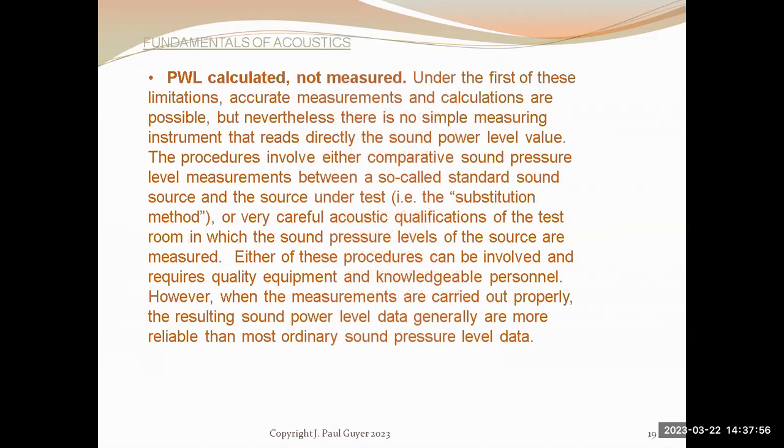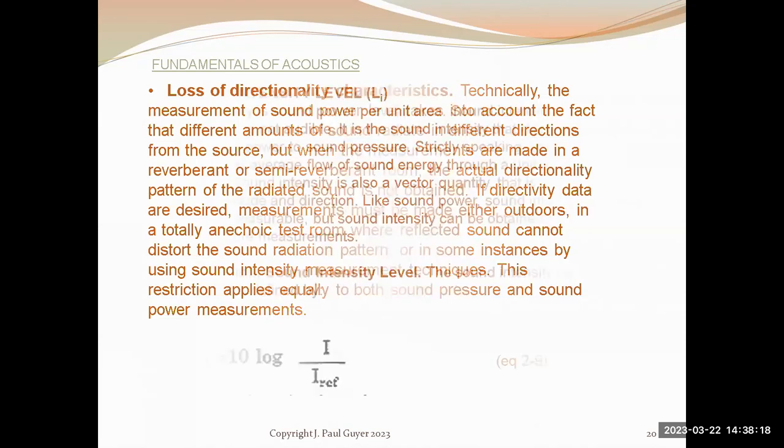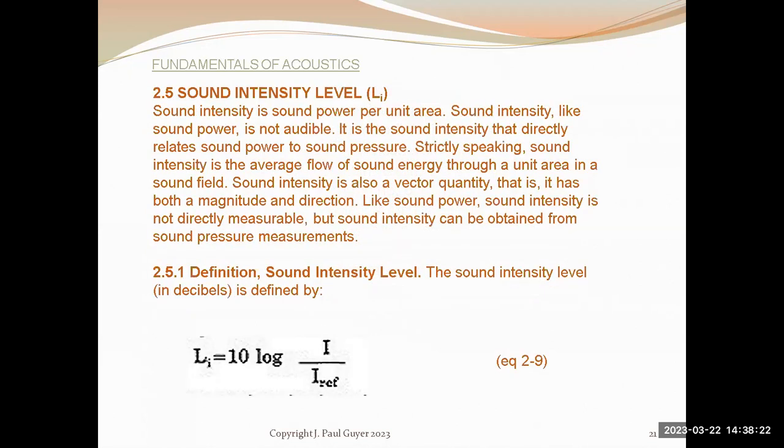Okay, now, as I pointed out at the start, I'm kind of speeding through these slides because there's much more information here than we can address today. Sound intensity level. Sound intensity is the sound power per unit area.